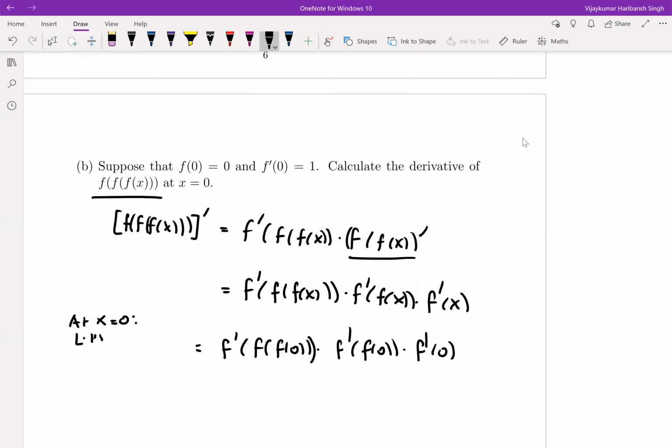So this will become f prime of 0, which is 1. So we get the first part to be 1. Same way here, f of 0 is 0, so this will become f prime of 0, which is 1. And f prime of 0 is 1. So we get 1 times 1 times 1, which is 1.